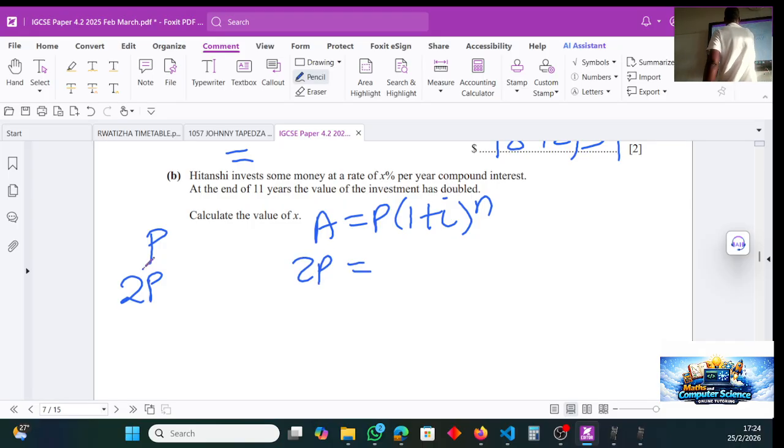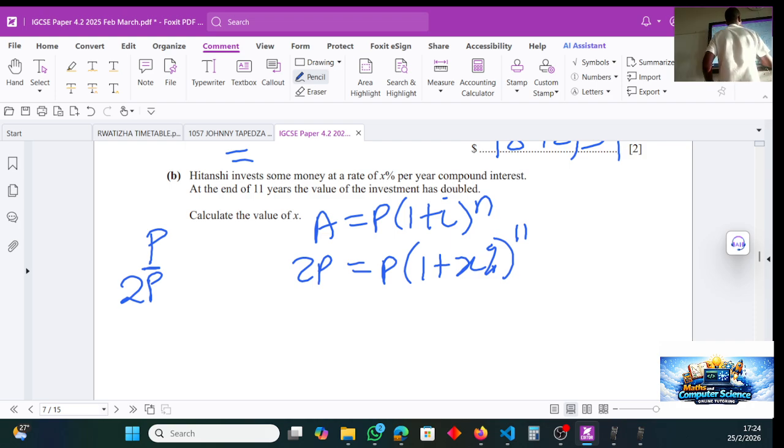But before, we invested our P here, then into 1 plus x%. We're going to check what we get. We know it's a percentage, it means it's out of 100. But then we are raising it to the power 11.